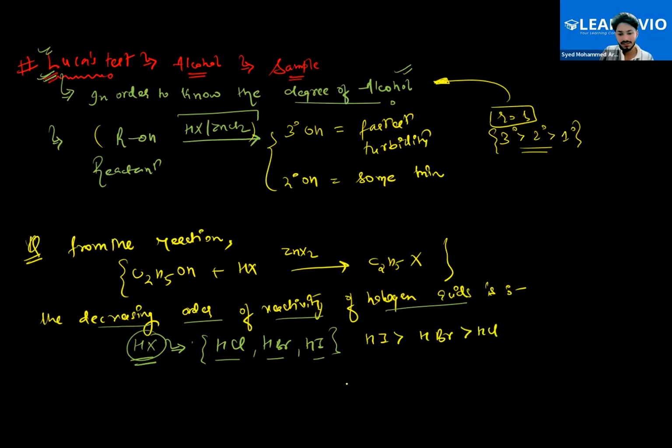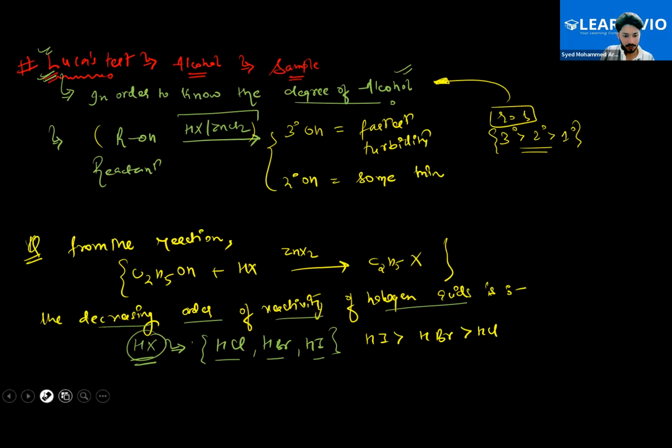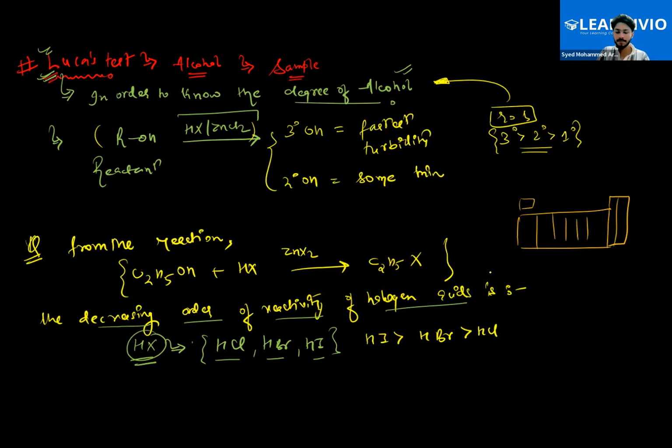Why? Because the size of the anion I minus is larger. If you see the periodic table, there are some groups here. The halogens are in the 17th group, in a series of fluorine, chlorine, bromine, iodine.